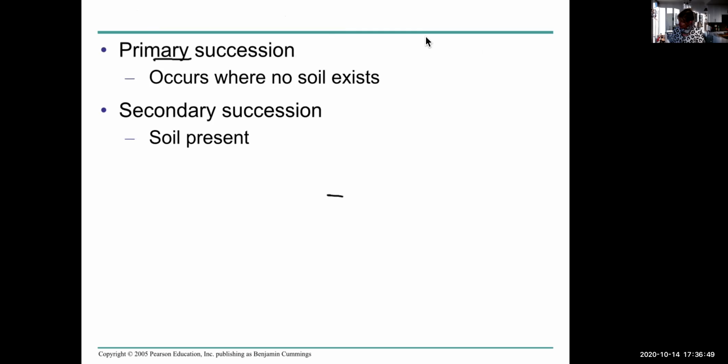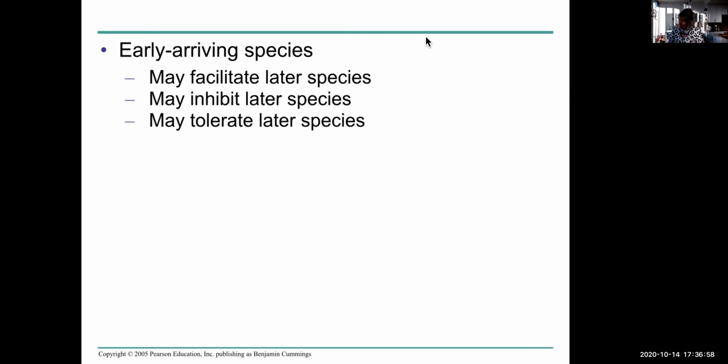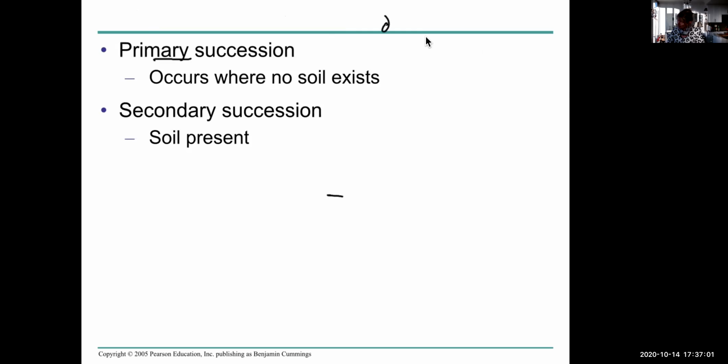In primary succession, that occurs where there is no soil at all. So the disturbance is large, like a volcano or something large, leaving bare rock.